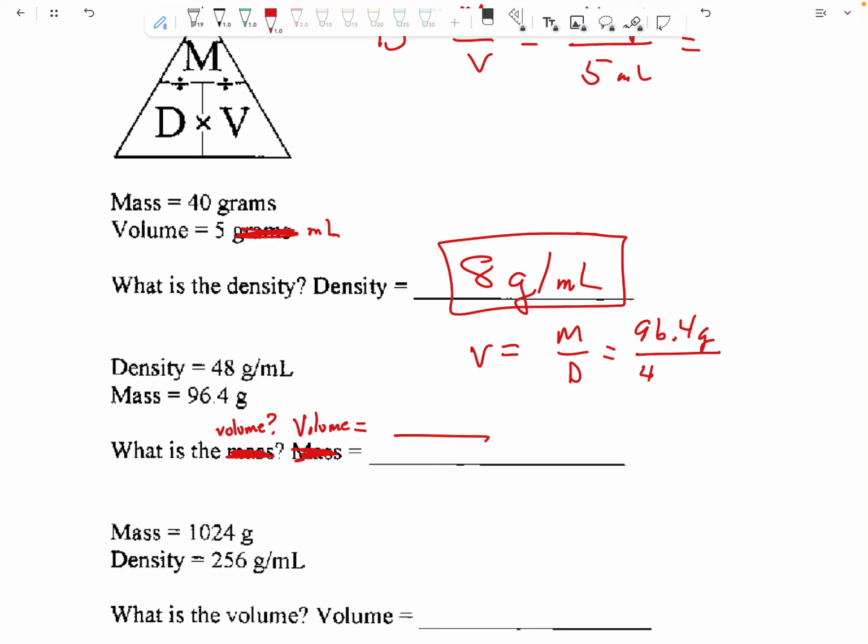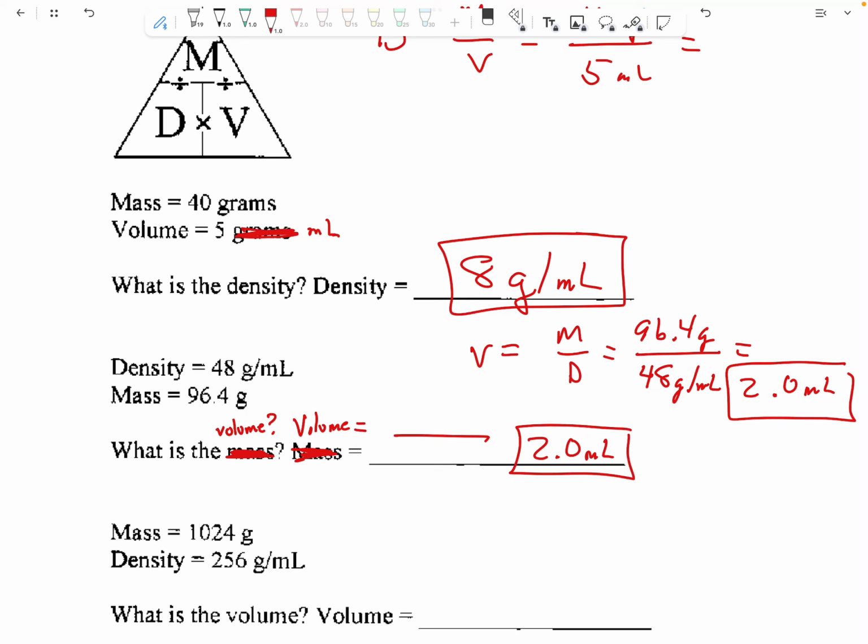Our density is 48 grams per milliliter. And when I divide them out, I'm just going to round a little bit, not even sig figs, 2.0 milliliters. So 2.0 milliliters will be my answer.